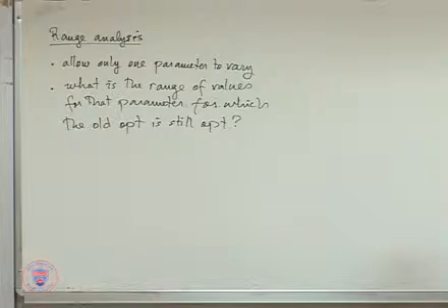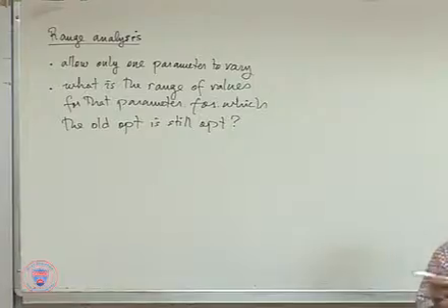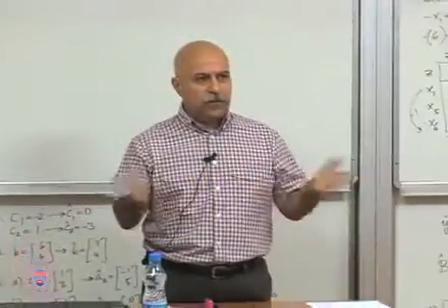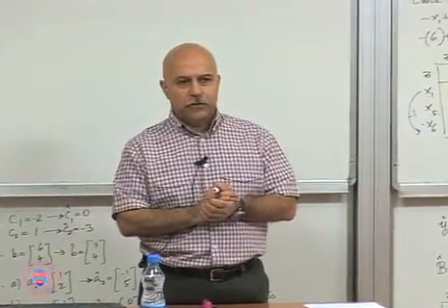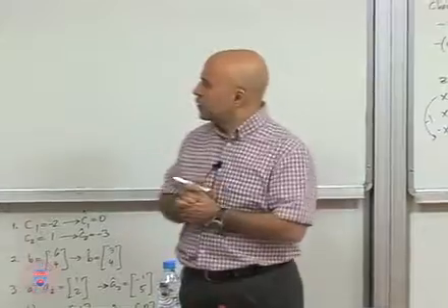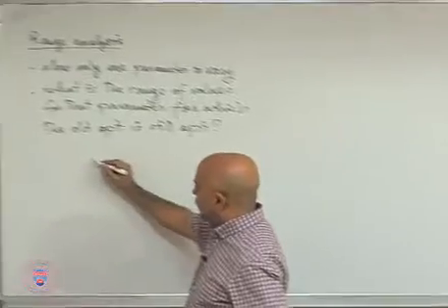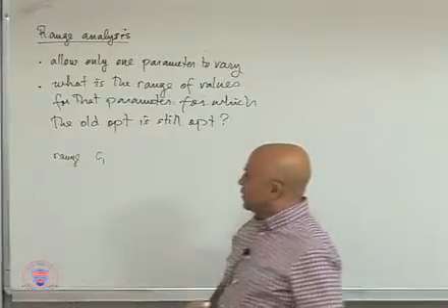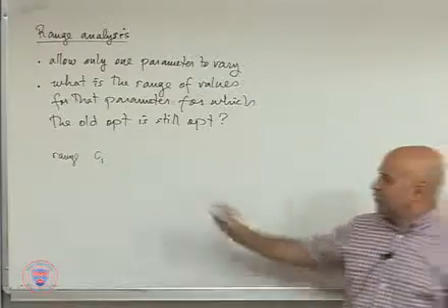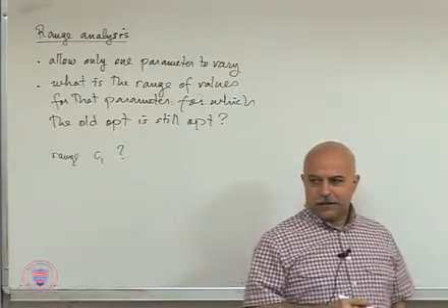It's a little bit more general than sensitivity analysis because you allow the parameter to not assume a particular new value, but rather you're asking yourself, what is the collection or the family of new values for which the old optimum is still optimum. For example, what is the range for C1 in the old example.